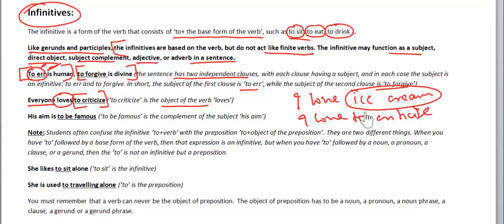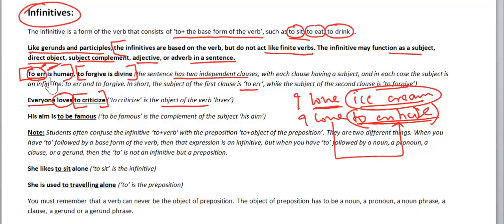So you can simply replace the ice cream with to criticize, just as the noun ice cream was acting like the object of the verb love. Here to criticize is acting like the object of the verb love. So I love ice cream, I love mangoes, I love apples, I love to criticize, I love to sing, I love to dance, right? So here the infinitive has become the object of the verb, and there the infinitive was the subject of the sentence.